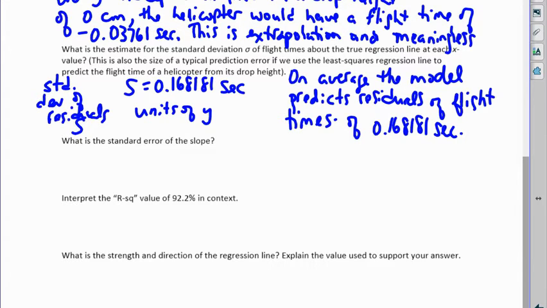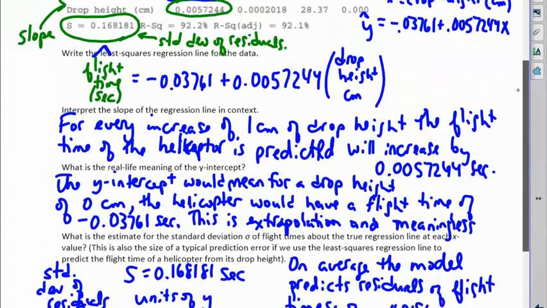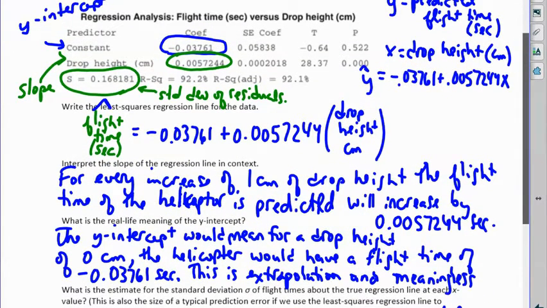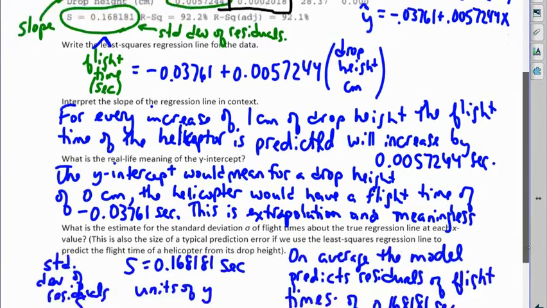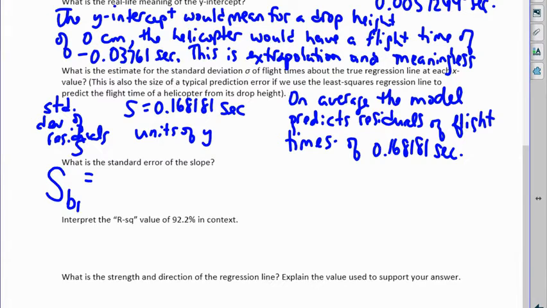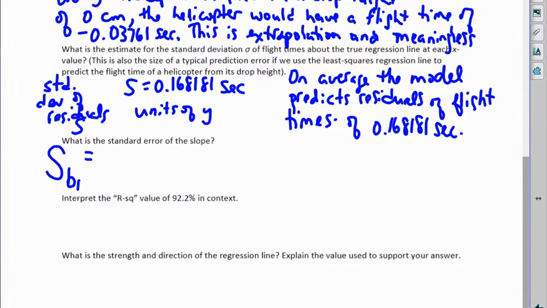Standard error of the slope. So that we're looking at the S sub B, sometimes sub B1, because for slope. And now we have to look on our output. Where would we find the standard error for the slope? Well, it would be next to the slope. So if you look right here, that's your standard error column, and we're going to look on the slope row. That is the standard error for the slope. What would be the units for slope and slope error?